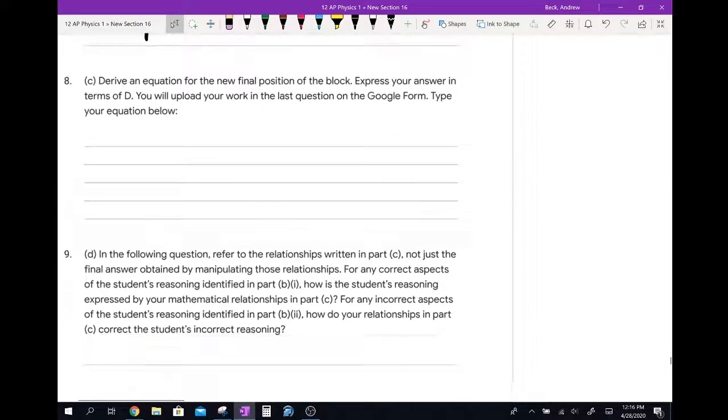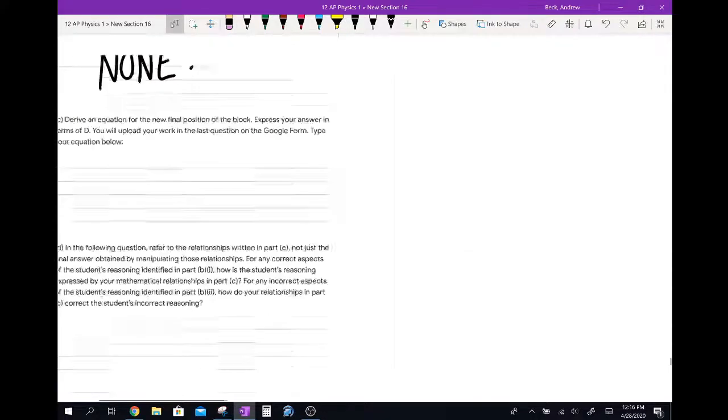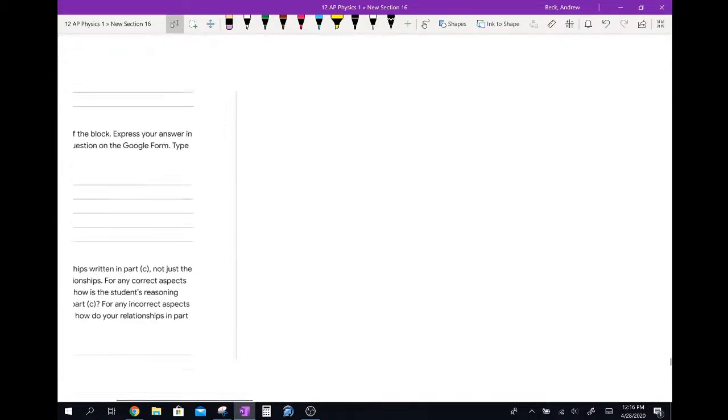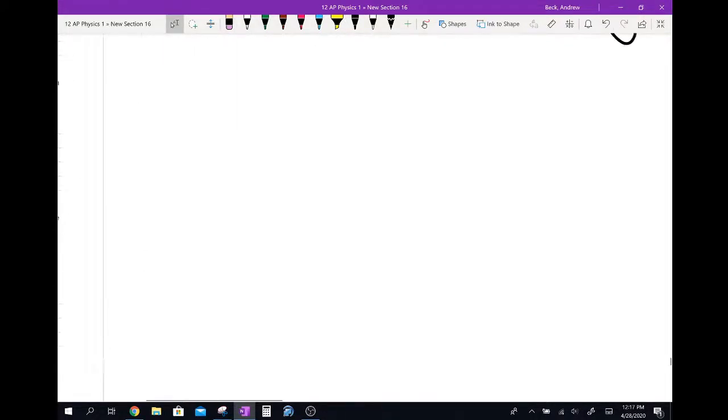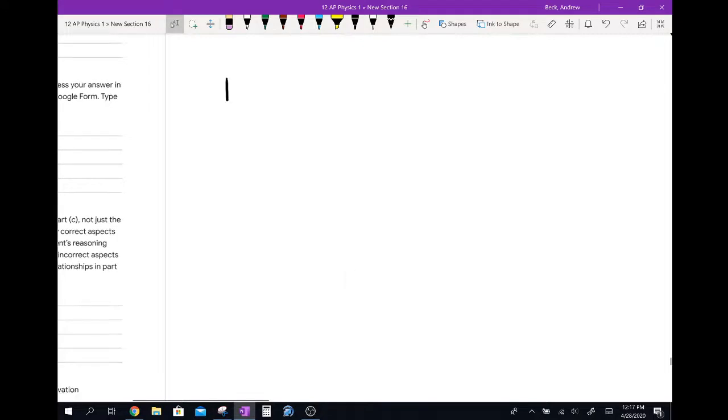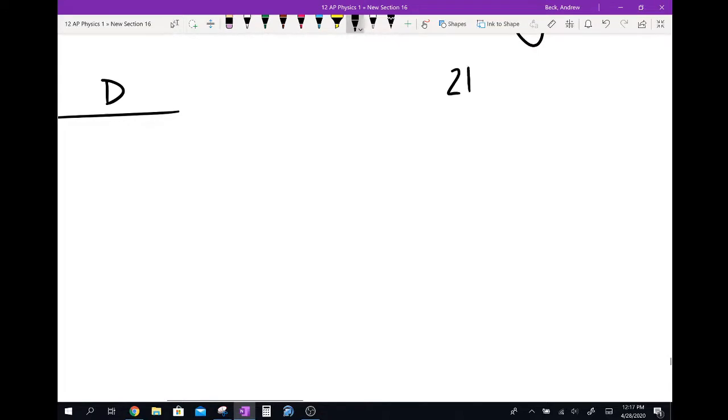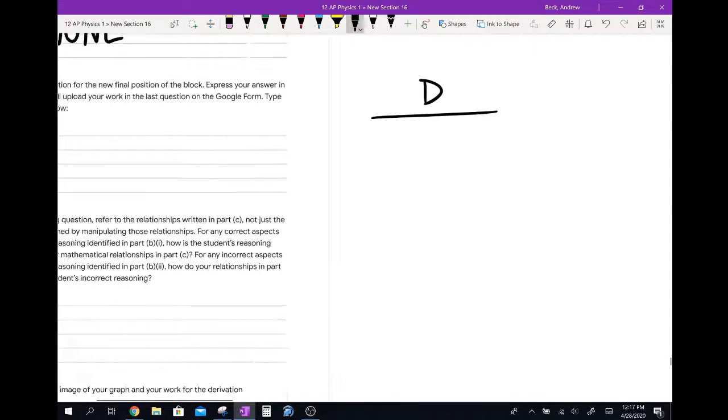So this is kind of what we just did, but let's come in here and do it a little bit more officially. So let's set up two situations. This before, or maybe we'll just call it d, and then we'll call the other one 2d. This is the situation where the ramp was a length of d. This is for when we have a length of 2d.